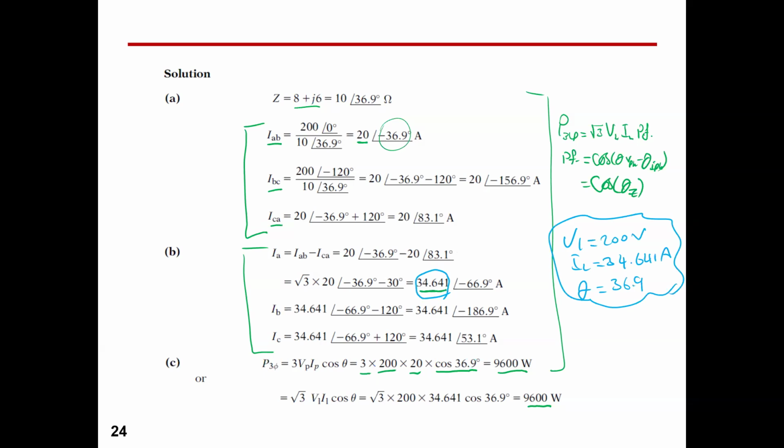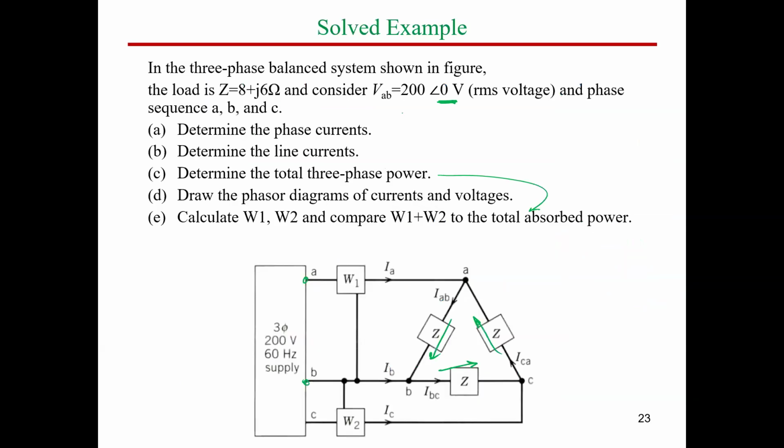Now, I'd like to go back again to the wattmeters connected to the power system here. The question is, which wattmeter is positive sequence and which wattmeter is negative sequence? If you have a look here, guys, you will find that wattmeter 1 is connected between A and B. Wattmeter 2 is connected between C and B. So if you write here A, B, C, you will find AB is positive.